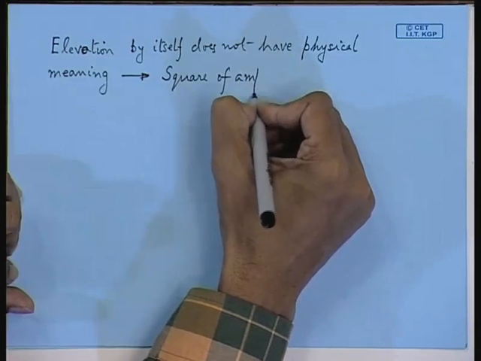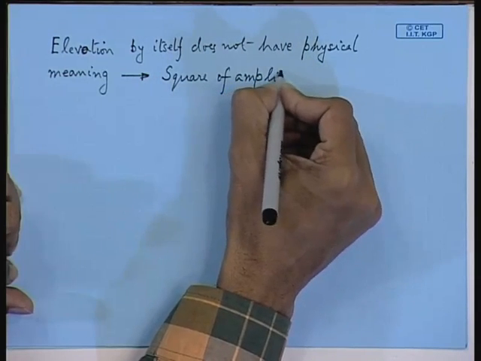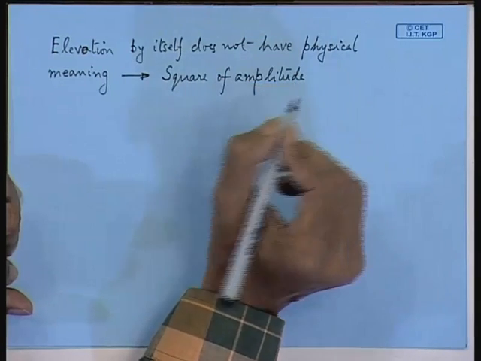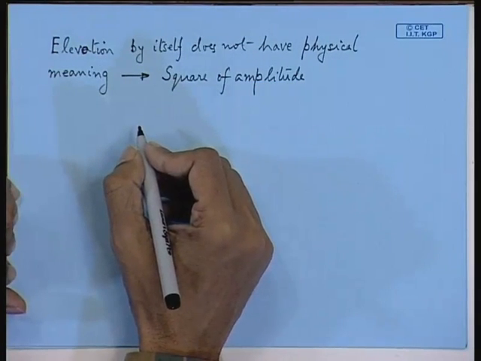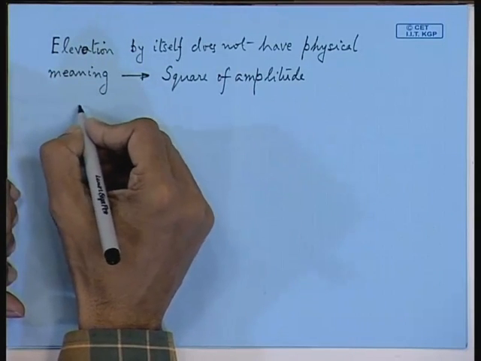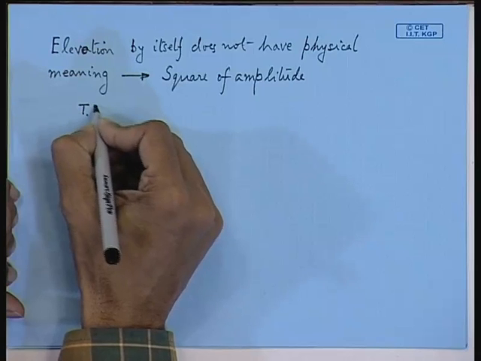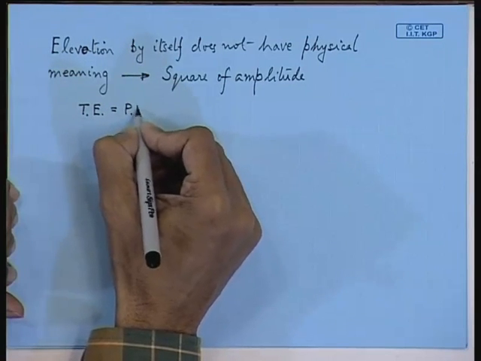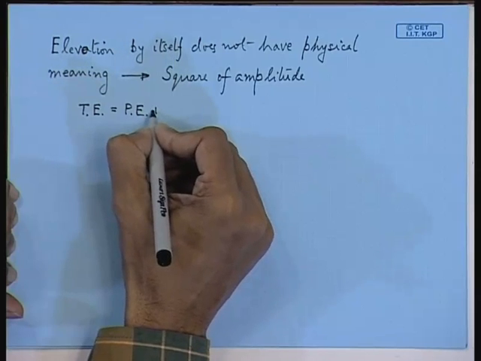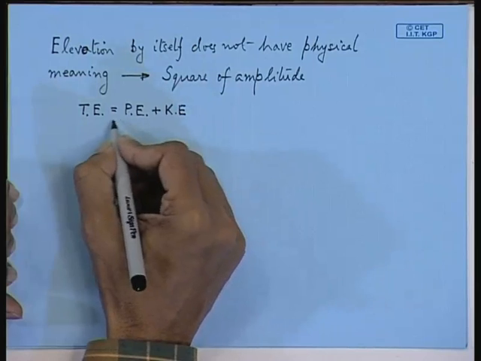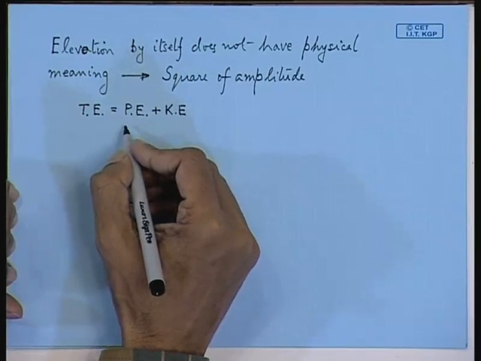Why? Because the square of the amplitude you will find is directly proportional to the total energy of the wave. Total energy of the wave is combined of two parts: potential energy plus kinetic energy. This is the total energy of the wave. So, what is the formula for potential energy?